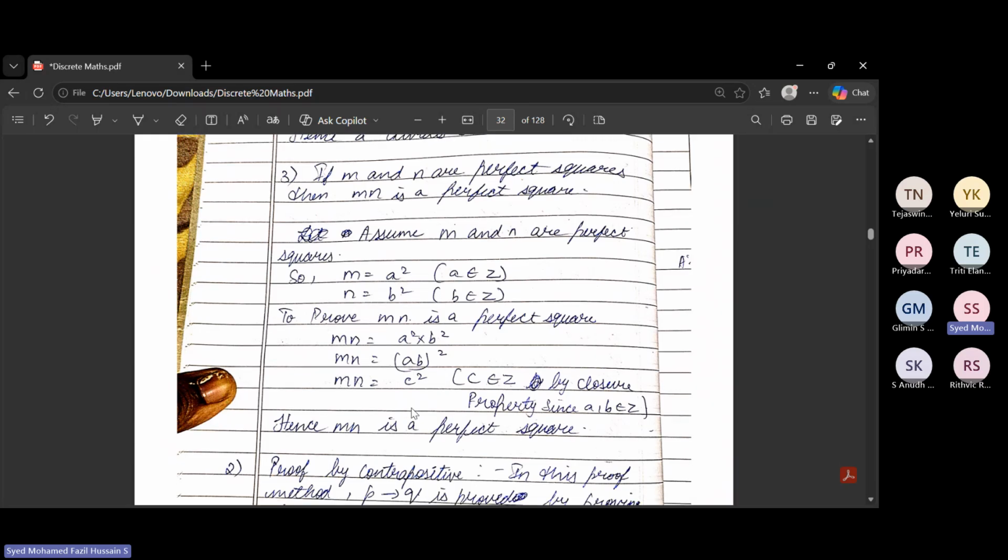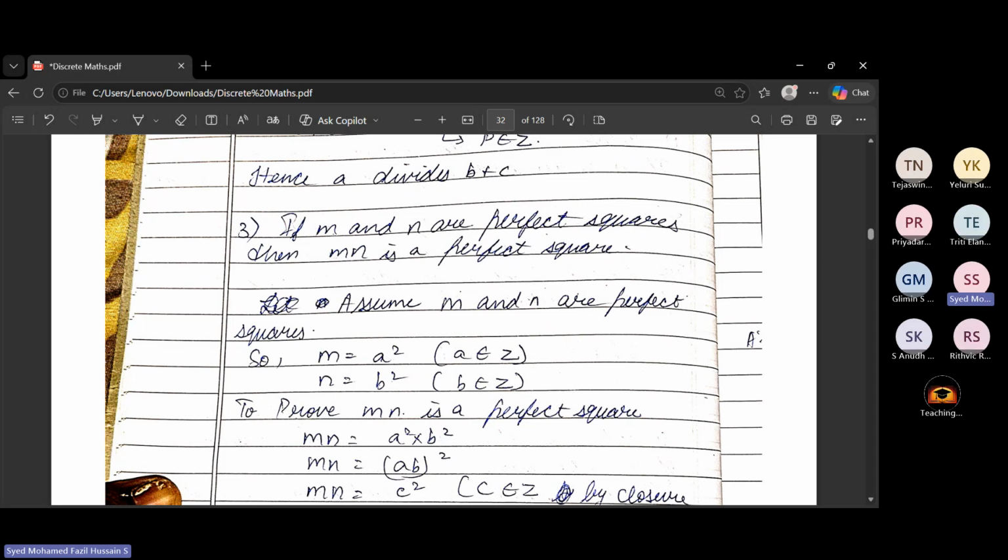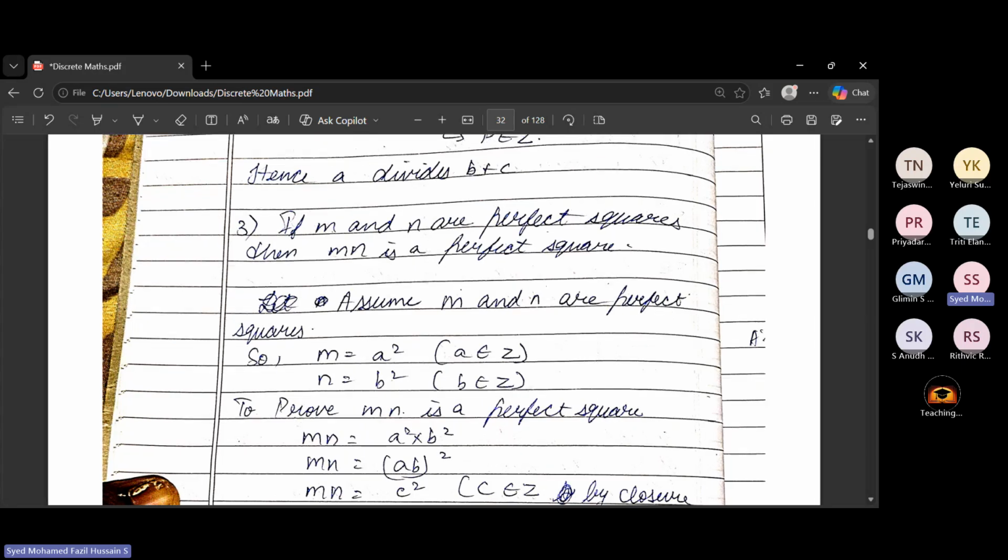So obviously, m into n is a perfect square. As you can see, this third question is itself in the form of P then Q. M and n are perfect squares is P, and m into n is a perfect square is Q.